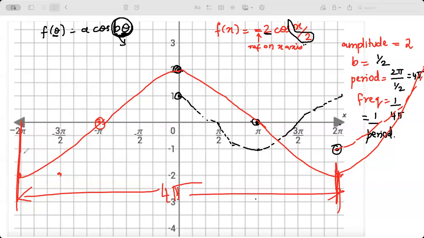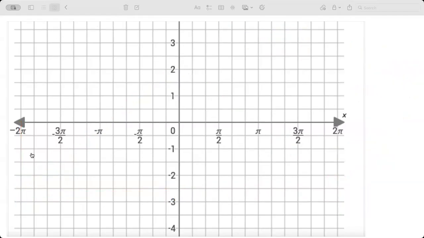Okay. Now let's move. Let's see 1 or 2 more for sure. Now things are going to get complicated, guys. Let's try 2 sine x by 2 plus 1.